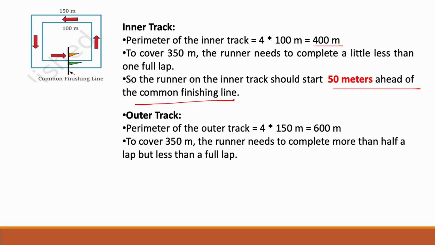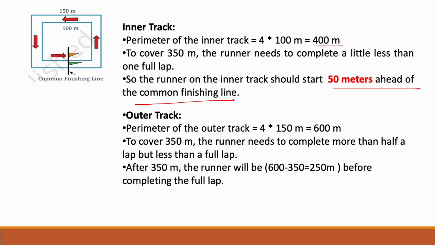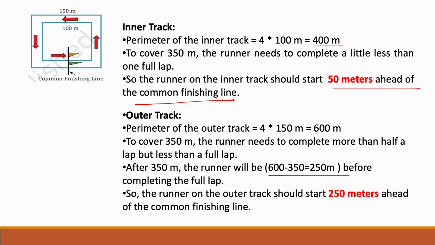To cover 350 meter, the runner needs to complete more than half a lap but less than a full lap. After 350 meter, the runner will be 600 minus 350, that is 250 meter before completing the full lap. So the runner on the outer track should start 250 meters ahead of the common finishing line.